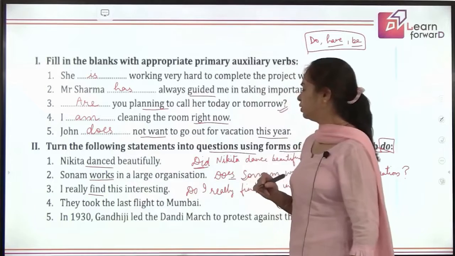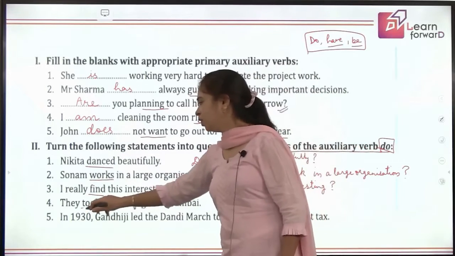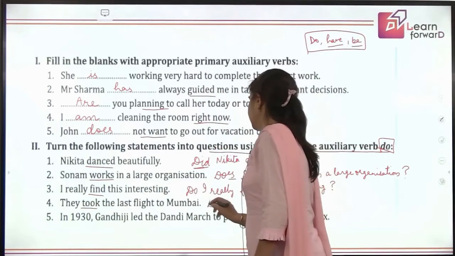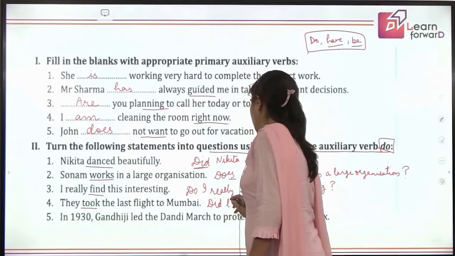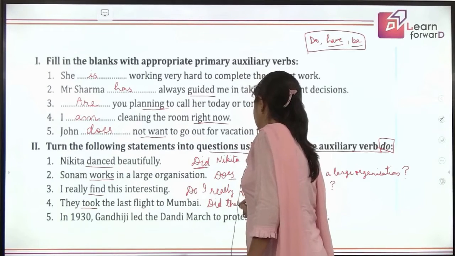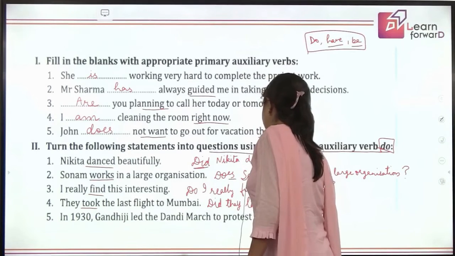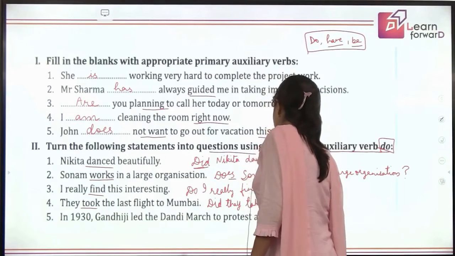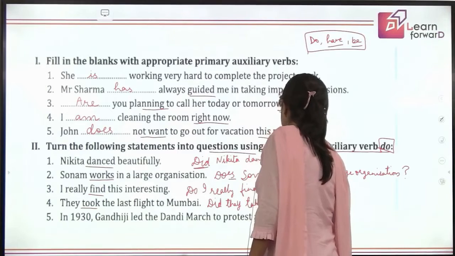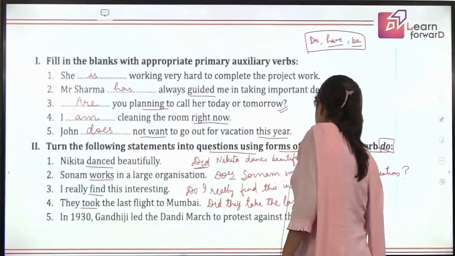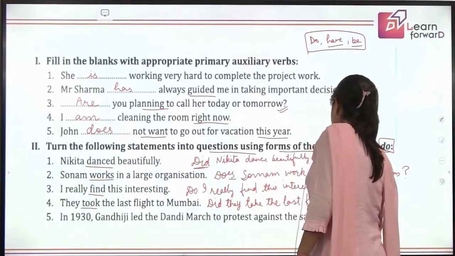Next. They took the last flight to Mumbai. Very good, simple past tense. Did they? What is the root form of took? Take. Good. Did they take the last flight to Mumbai?